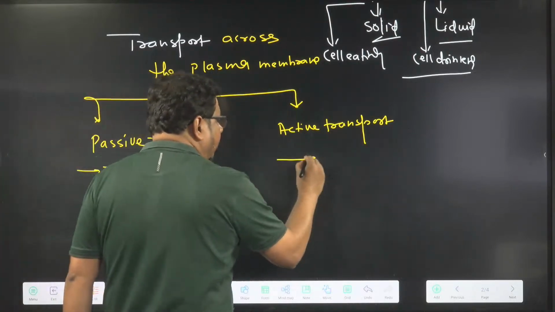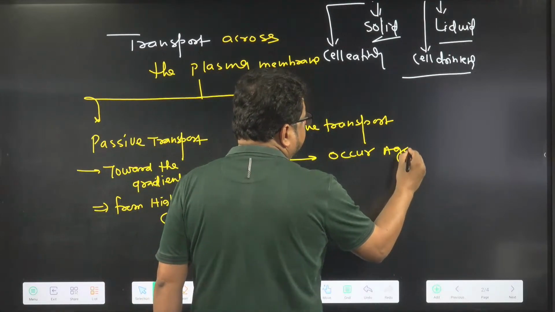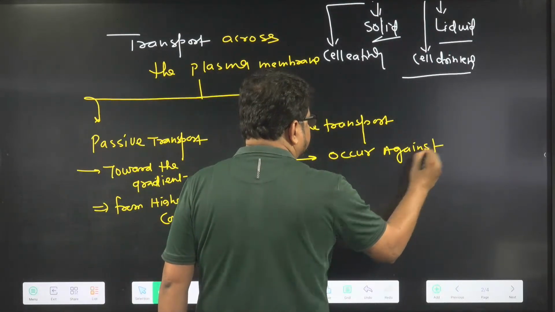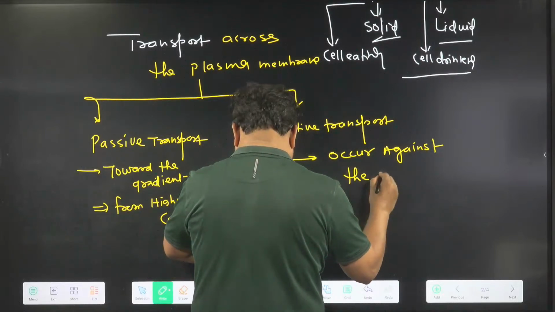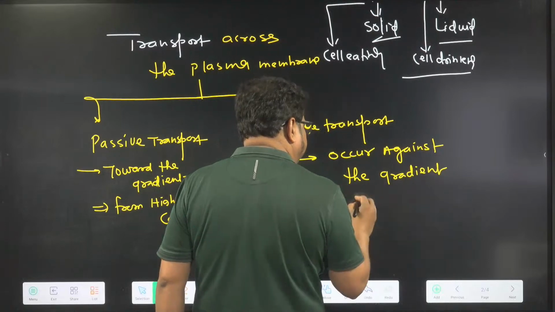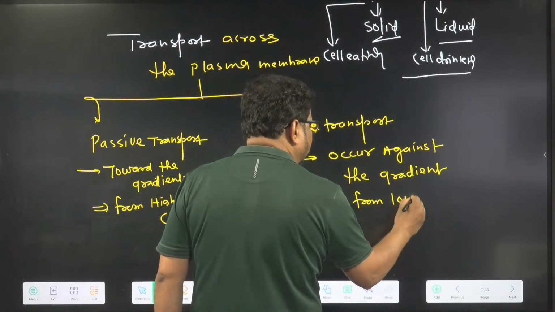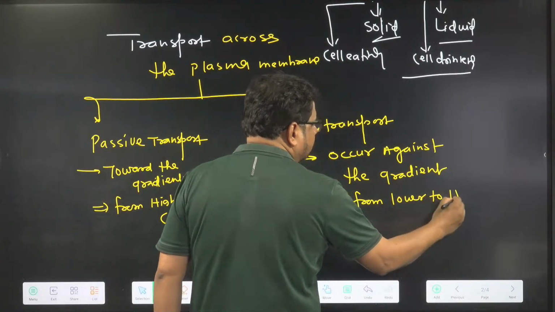And active transport occurs against the gradient. That is from lower to higher concentration.